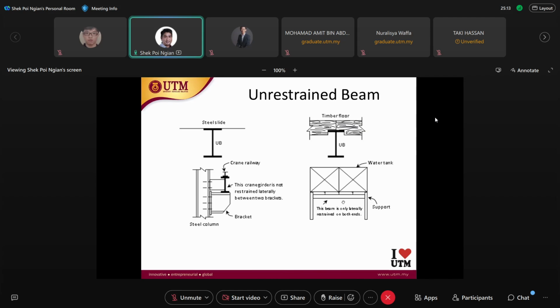Then we have to check the lateral torsional buckling resistance of this beam. The procedure to design this unrestrained beam is similar to restrained beam, plus checking the lateral torsional buckling. So there is one additional check compared to restrained beam.